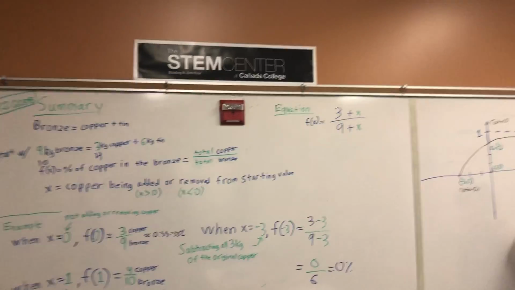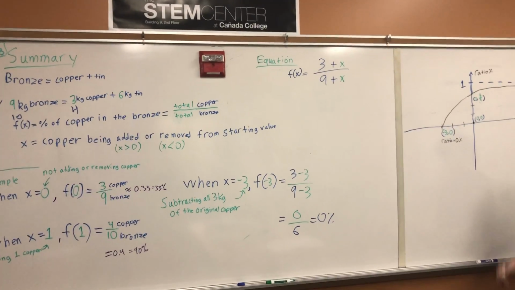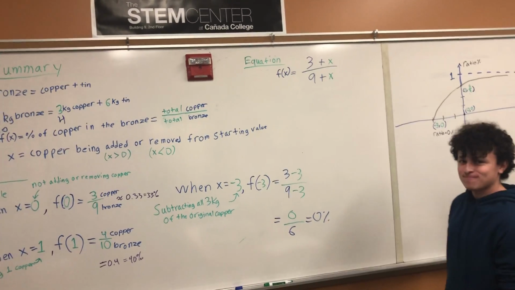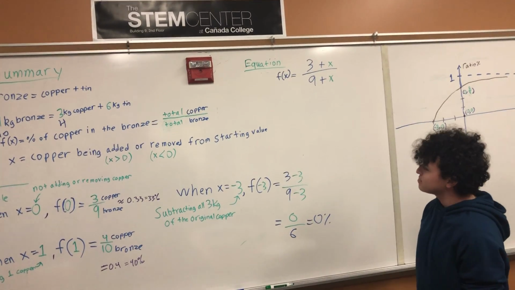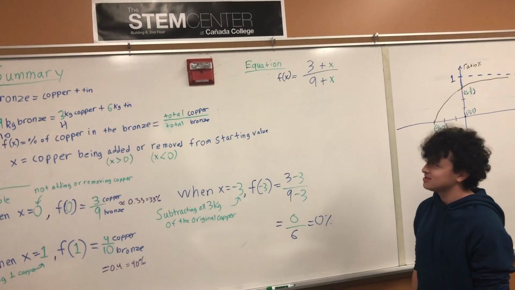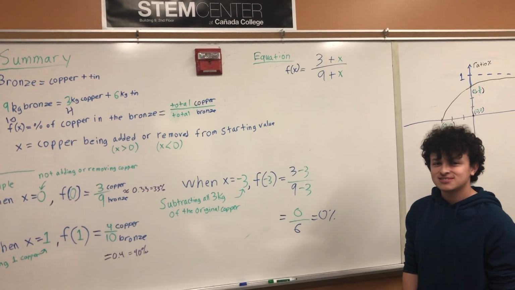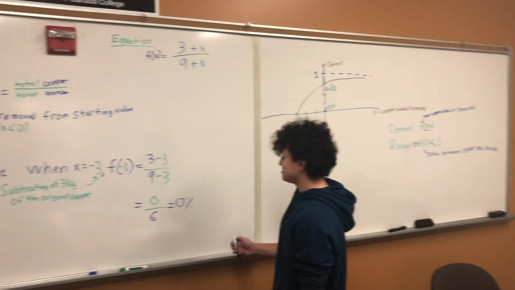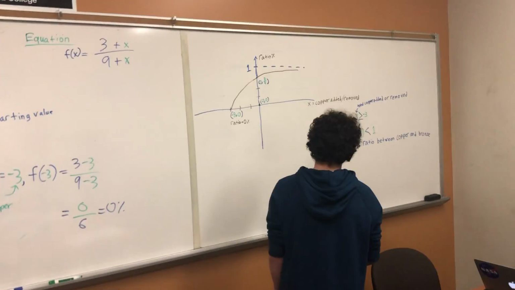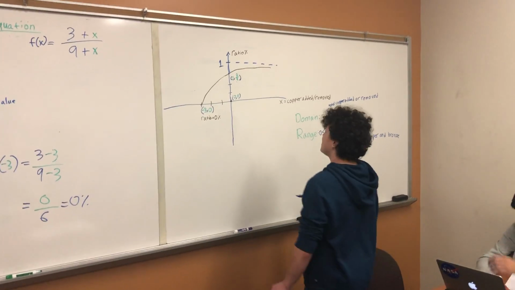So what does the numerator represent? 3 plus x represents what? The total copper. And what does 9 plus x represent? The total bronze. Great. Next.